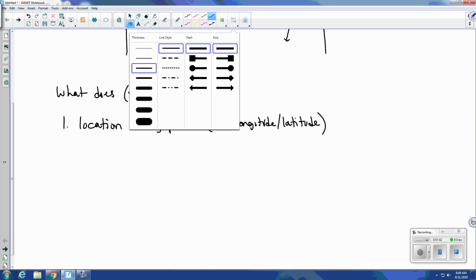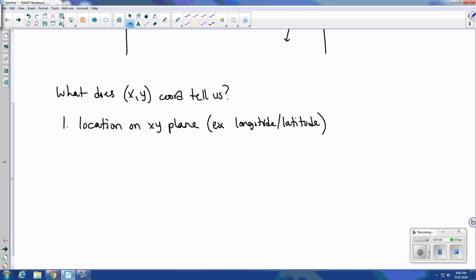So what about the breakdown of each piece? We get two numbers. What does each number tell us? The x-coordinate value is going to tell us horizontal distance and direction from the y-axis.